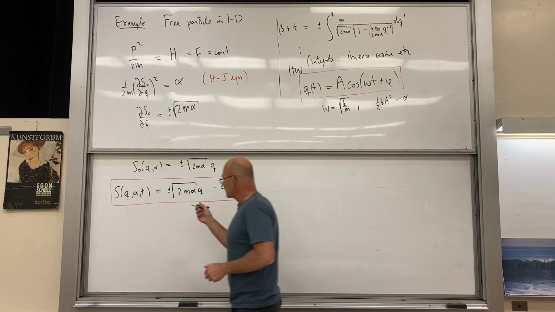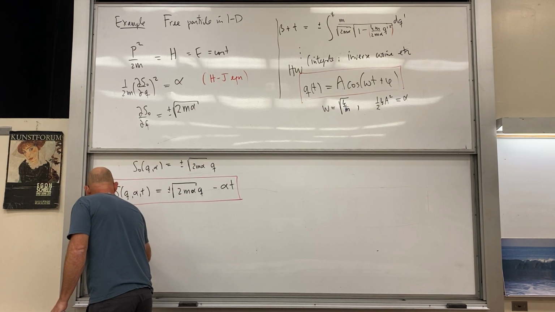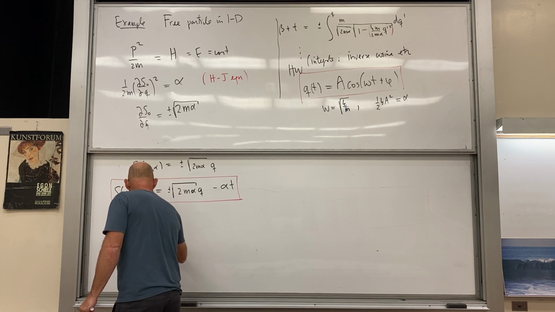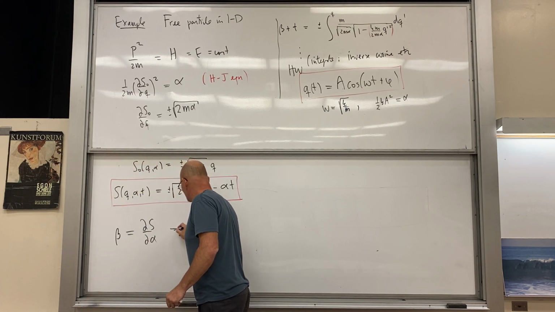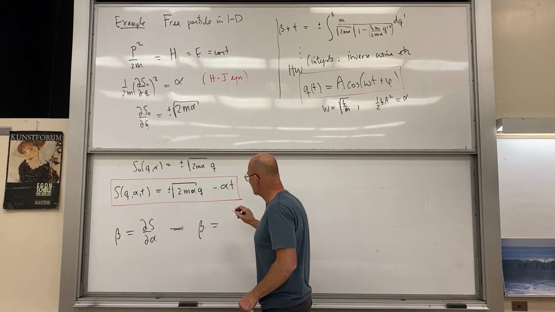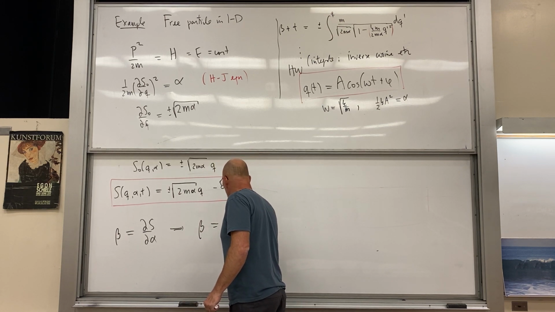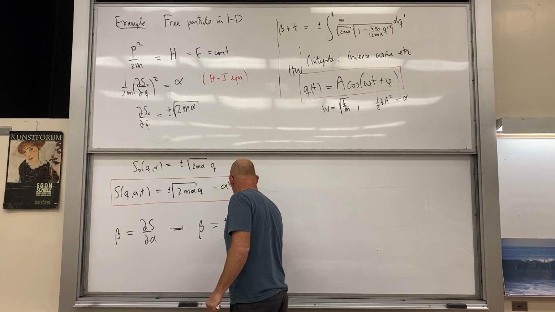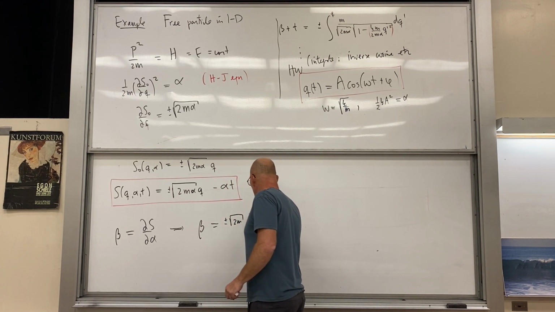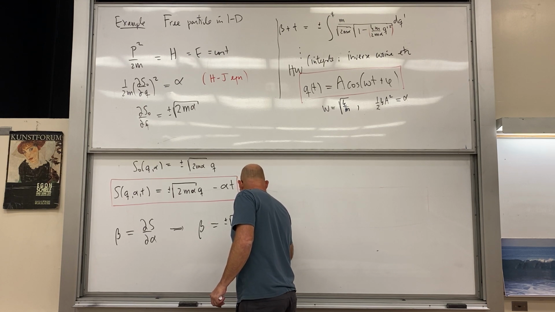And now we remember that we have this relation, beta, a constant, is equal to dS d alpha, which is to say beta is equal to this plus or minus root 2m, and then I've got the square root of alpha, so that's 1 over 2 square roots of alpha.